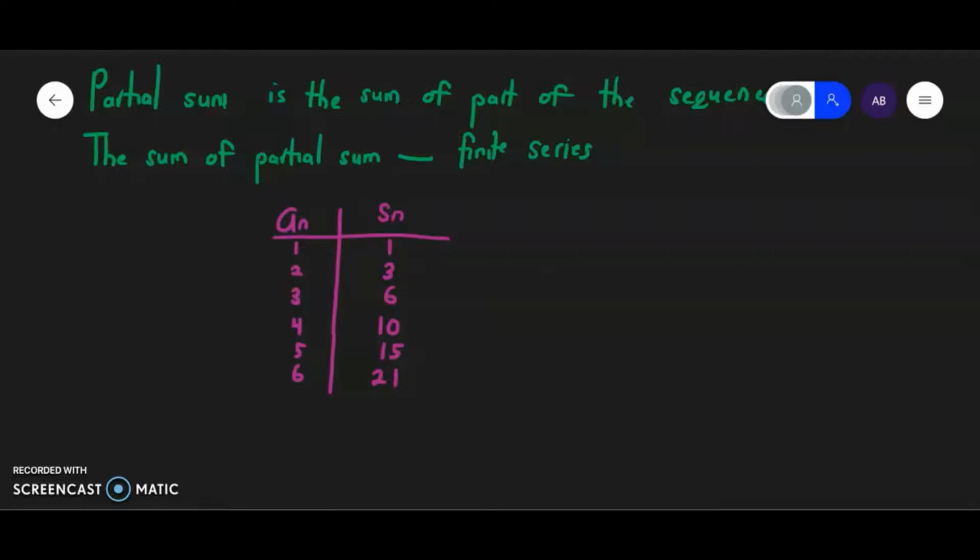So I can denote this term as my S1. My S2 is a1 plus a2. Now I can have a1 plus a2 plus a3. I got 6 here, so this is my S3.